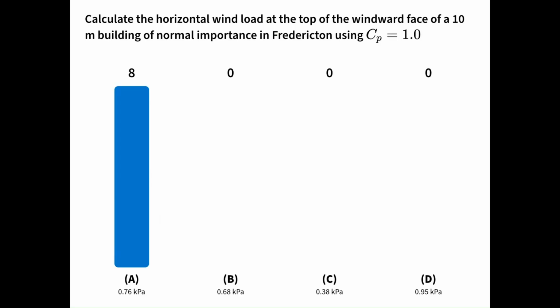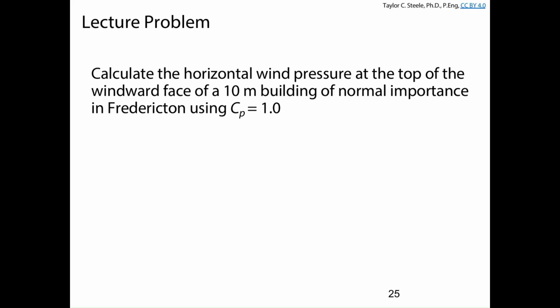Basically, again, putting together the pieces of this puzzle here, we've got a building in Fredericton. That means we should be going to the table and using this value of 0.38 kPa for Q. And normal importance implies we should be using an importance factor of 1. Gust factor is 2.